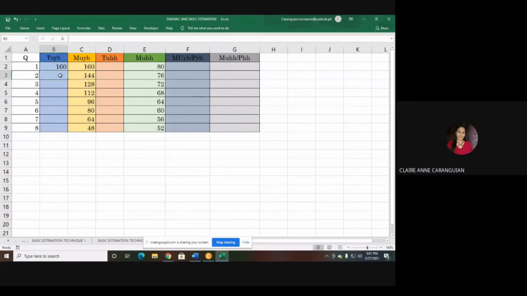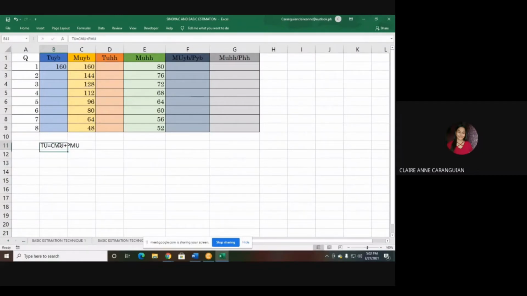Then for quantity 2, we put in the formula: total utility is equal to current marginal utility plus previous marginal utility.